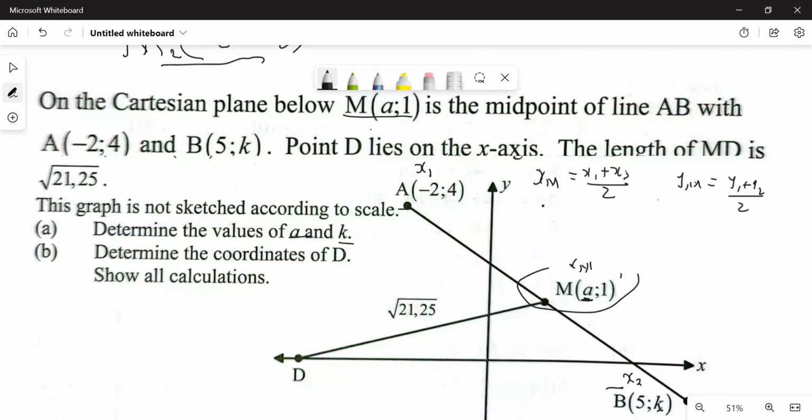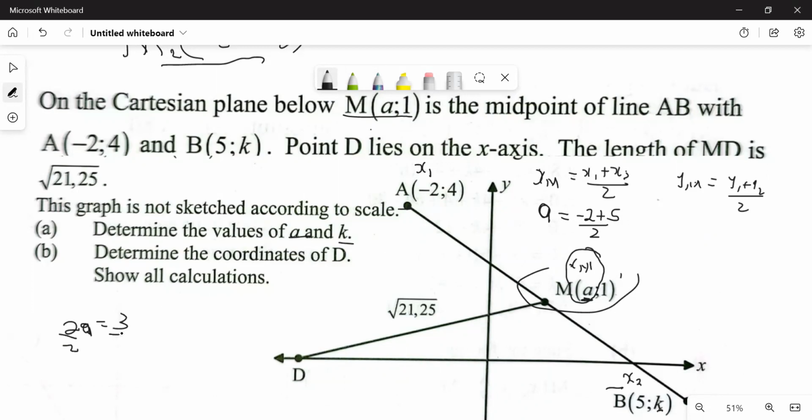Continuing, what is going to be X at the midpoint? Here we have A, which is equivalent to X1, which is minus 2, plus 5, divided by 2. So 2A is given as minus 2 plus 5, which gives you 3.